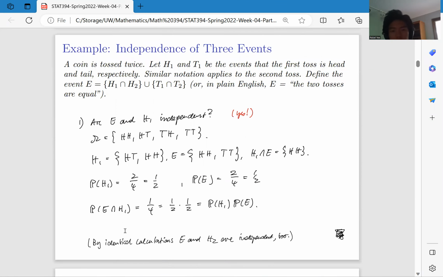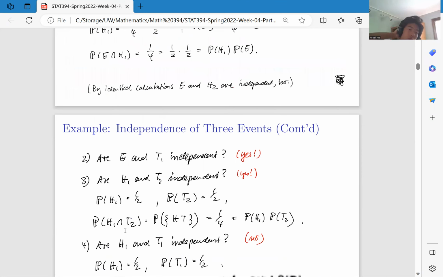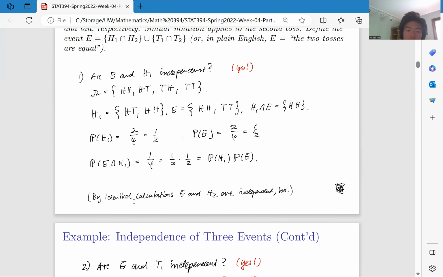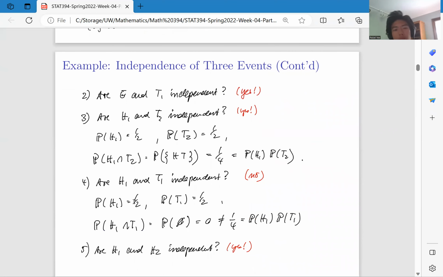There are more questions to ask. The second one is whether event E and event T1 are independent. This will be very similar to the previous one. So let's see what's in the set T1. T1 has TH and TT, and E has HH and TT. So the common term they share is TT.